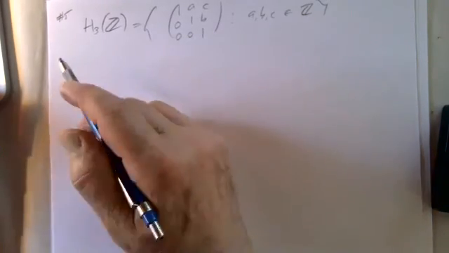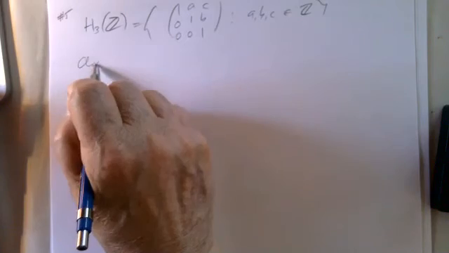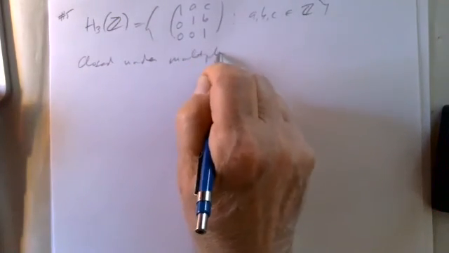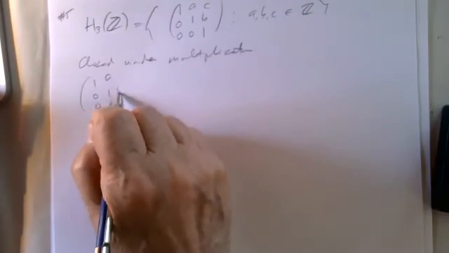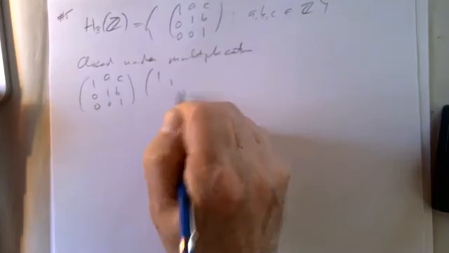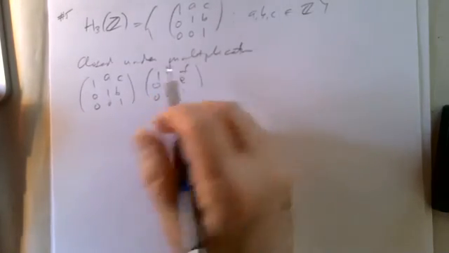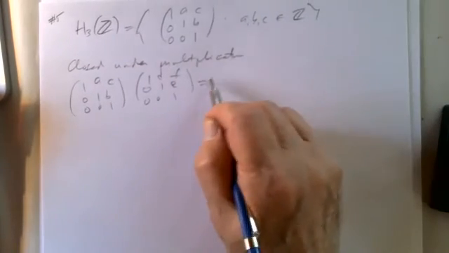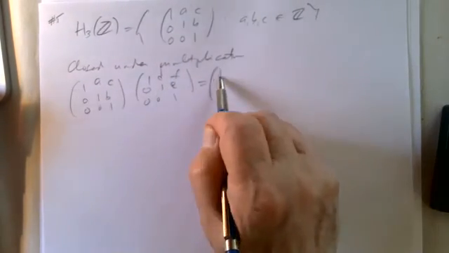So you have to show, first of all, that it's closed under multiplication. So you take two elements of this group, with A, B, C, and D, E, F, and what do you get when you multiply them? So row into column, you get 1.